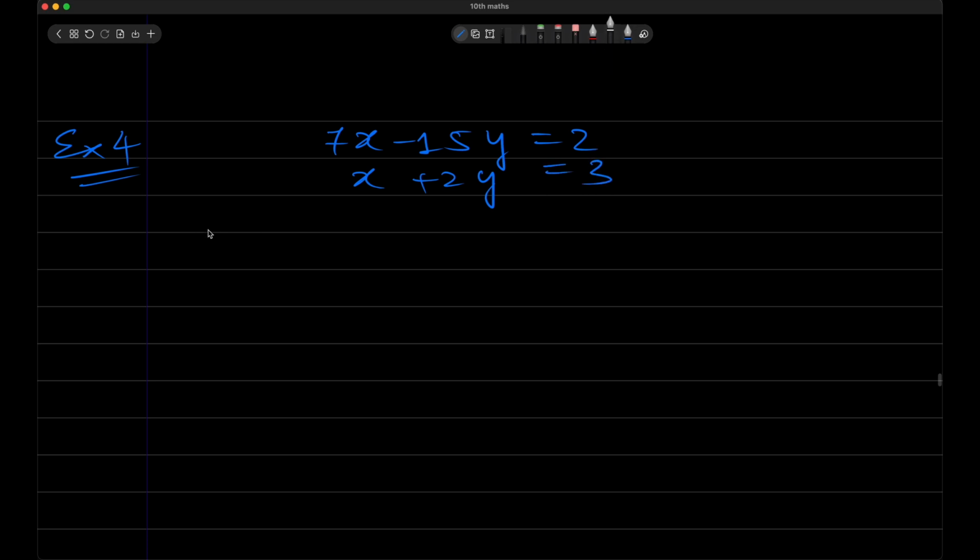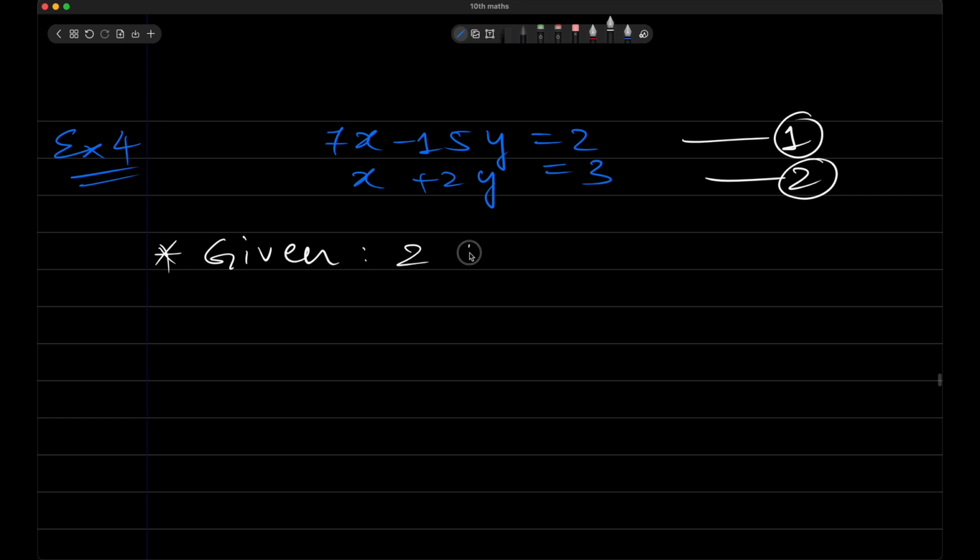The steps to solve the equations: we will always be given two linear equations.